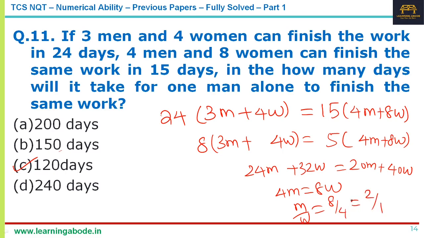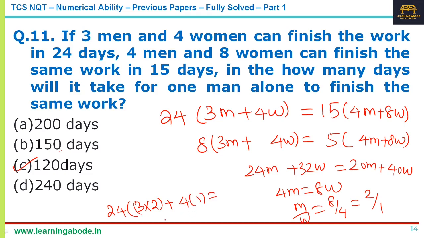Right. So now you can take this 2 and 1 as the value for men and women, and you can substitute in the first equation like 24 into, I'll probably demonstrate just one step. So 24 into 3 into 2 plus 4 into 1.